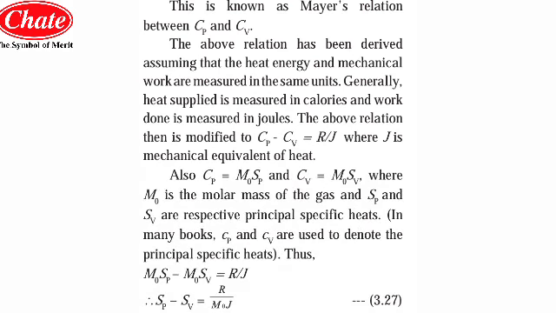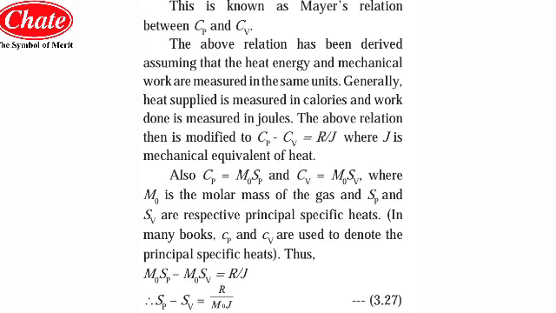Now the above relation has been derived. Students, this relation Cp minus Cv is equal to R is the relation between the molar specific heat at constant pressure, the molar specific heat at constant volume and the universal gas constant. This relation has been derived assuming that heat energy and mechanical energy are measured in the same units.